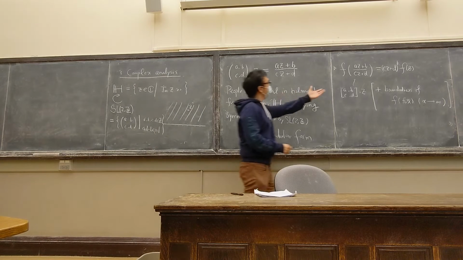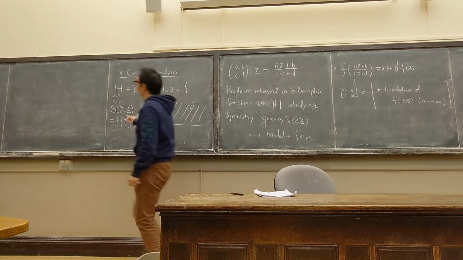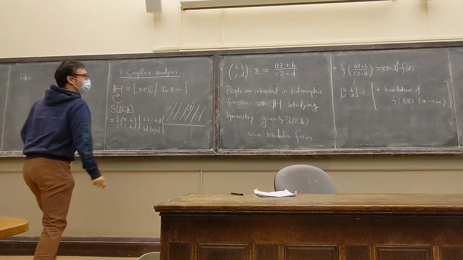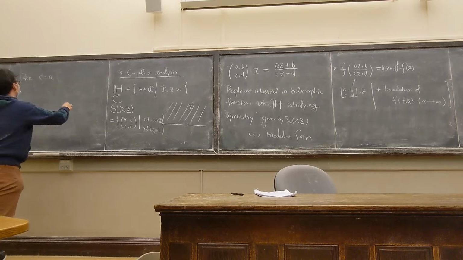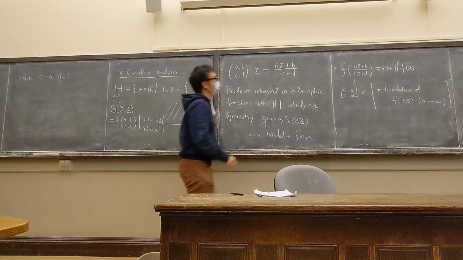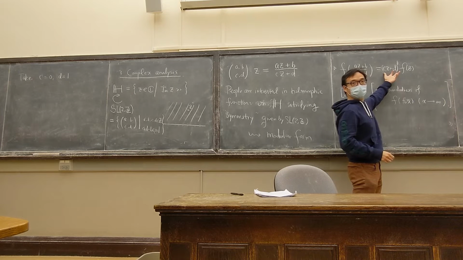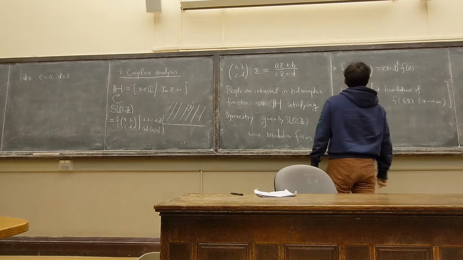This seems to be a very complicated equation, but we can simplify it by taking c equal to 0 and d equal to 1. The reason for doing this is that now you really have this term being 1. And then you just pick a and b.